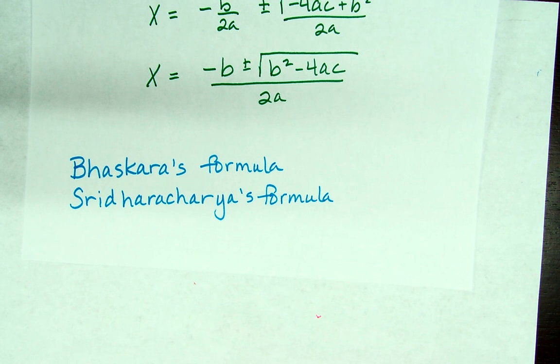Simon Stevin, who is Flemish, he's from Belgium, in 1594, solved quadratics algebraically, covering all cases. And then René Descartes, who is French. Have you ever heard of him before?